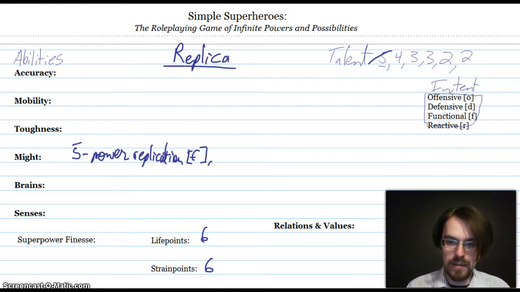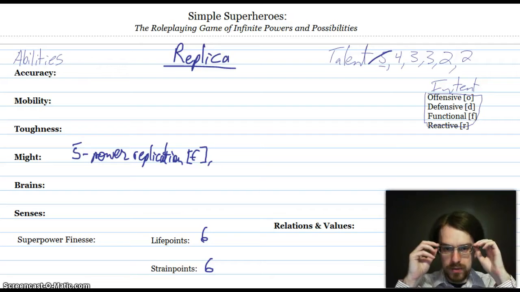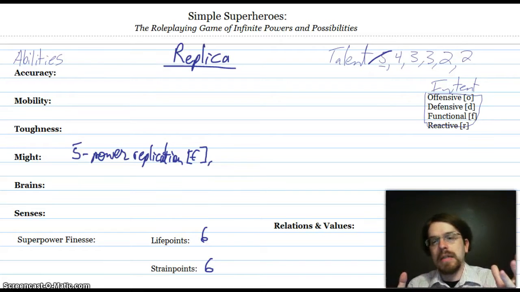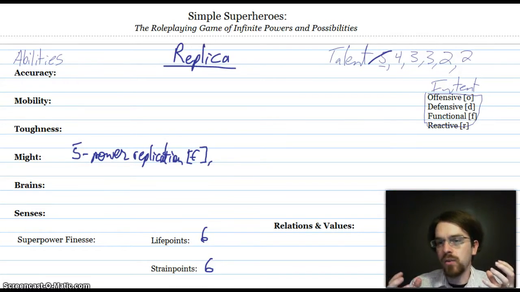My classic example to explain superpower finesse and how important it is to the game is somebody who has one talent, let's say in might, called Inferno, and maybe it's a rank 4. Now yes, with that one fire-based talent, you can create a massive blast of fire, but you probably can't light a cigarette, because you just end up blowing off your head.